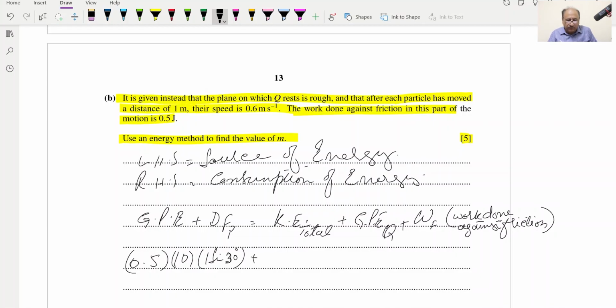This will be mgh plus the driving force, 0.8 into 1 meter, and this is equal to half mv squared, so half, and total mass will be 0.5 plus m, into v squared, which is 0.6 squared, plus the gravitational potential energy, which will be m into g into h, which is 1 sine of 45 degrees, plus work done against friction, which is 0.5.